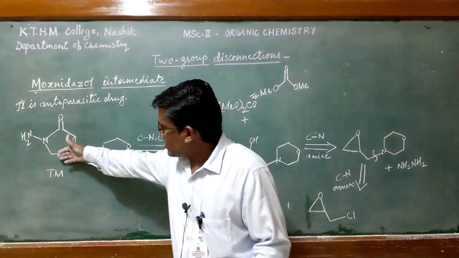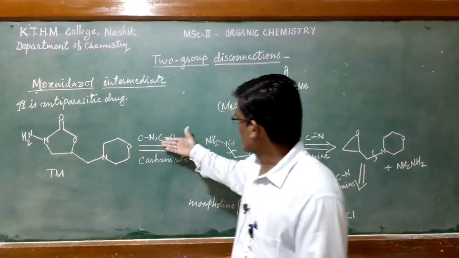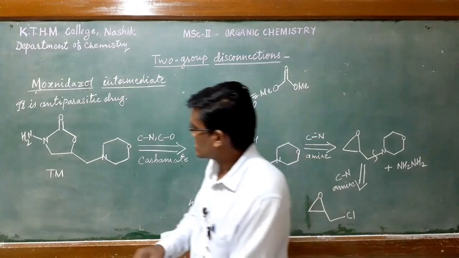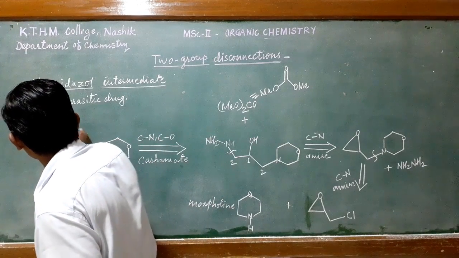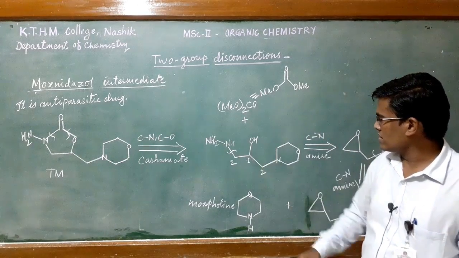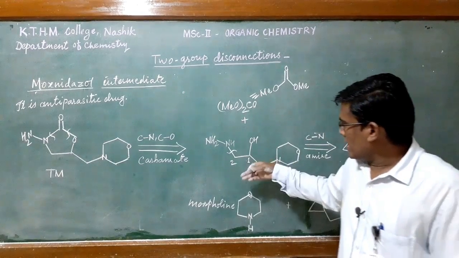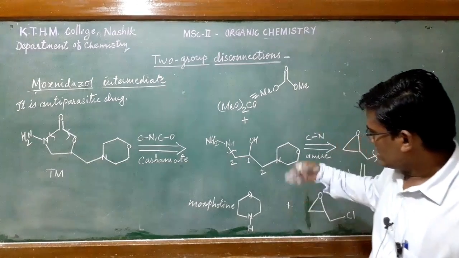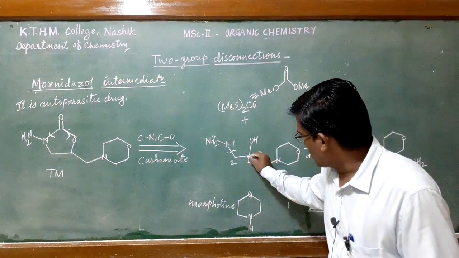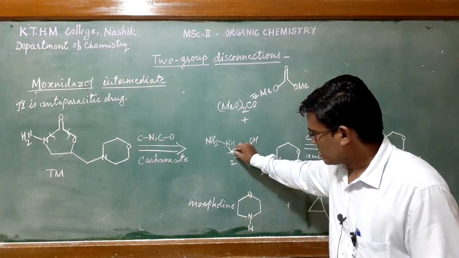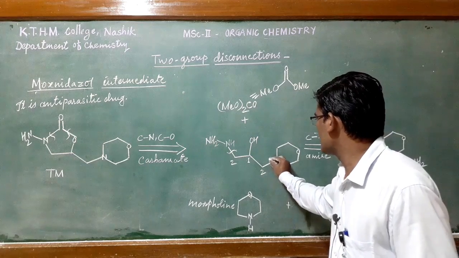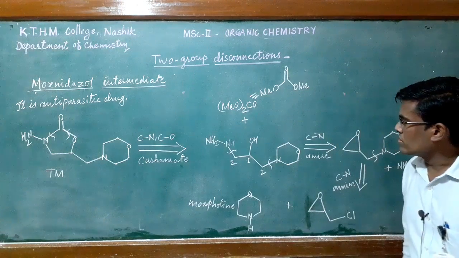So when you look at this molecule, it is the obvious disconnection of this carbamate group. So you can cleave this bond like this to get this amino hydroxyl compound, and in this molecule you will envision the 1-2 relationship. Okay, 1-2 and 1-2. You can either cleave this bond or this bond. Yeah, this bond.